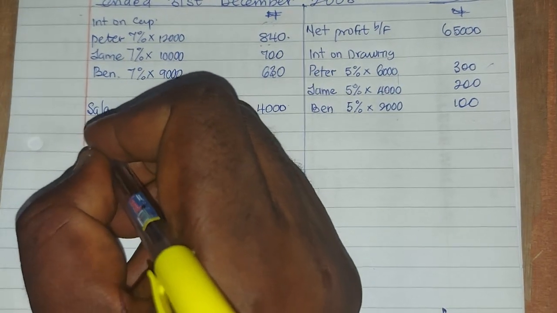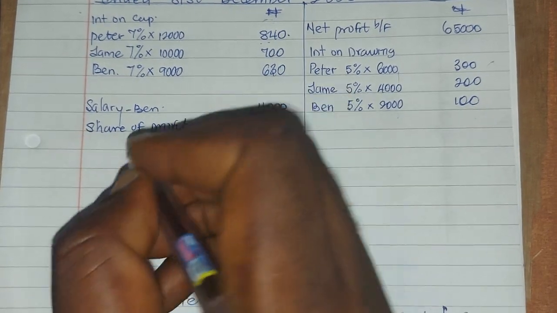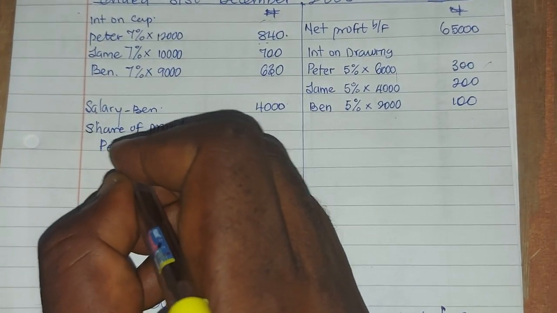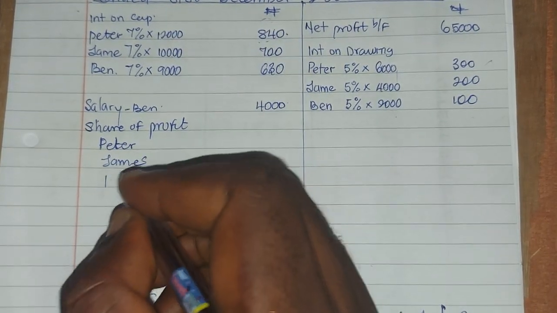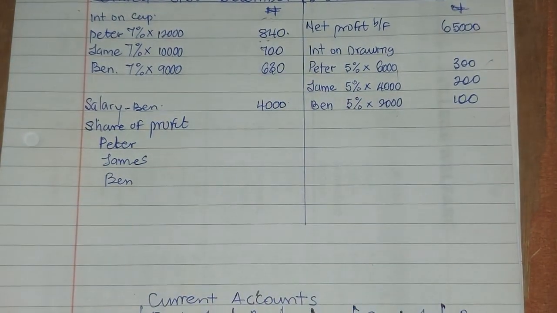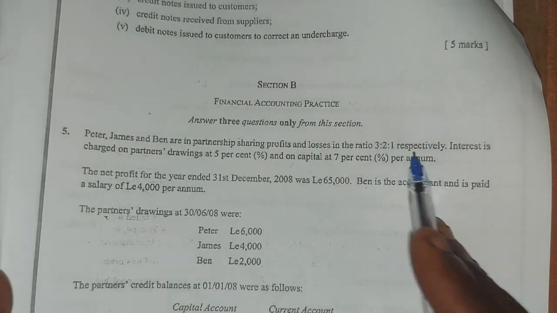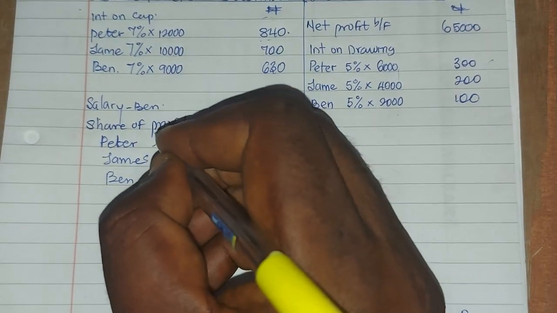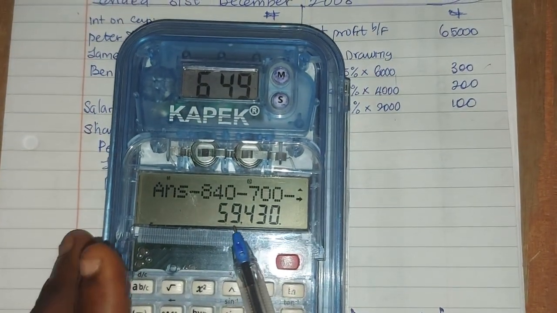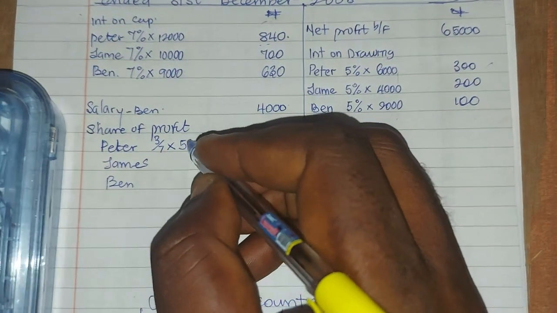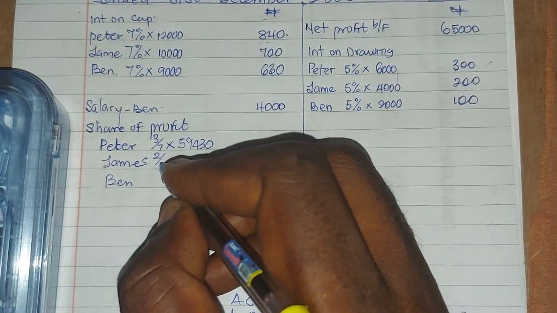Then we have share of profit. So you come here, write share of profits. Share of profit, we have Peter, James, and Ben. Okay, they have the sharing ratio 3:2:1. So that is 3/6 multiplied by the residual profits, which is 59,430.